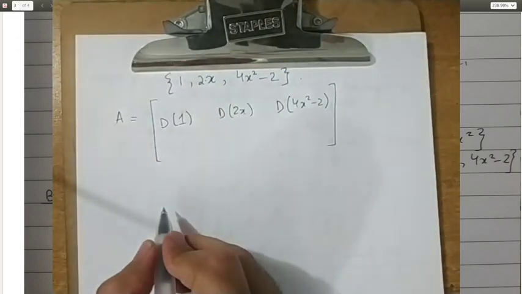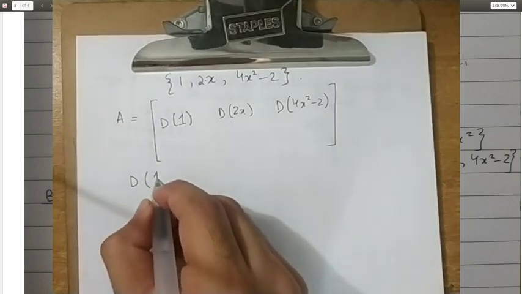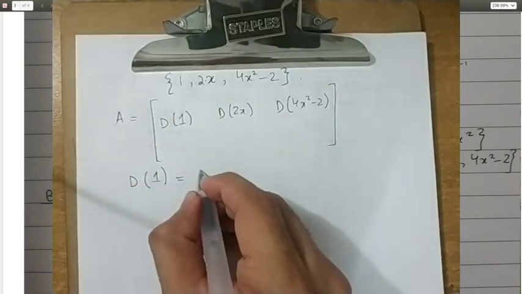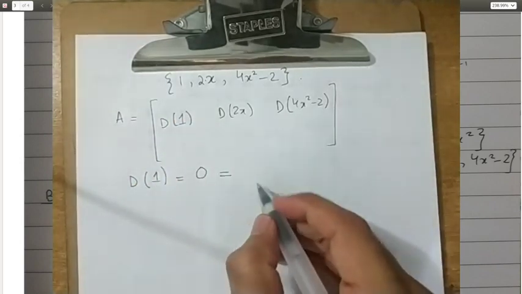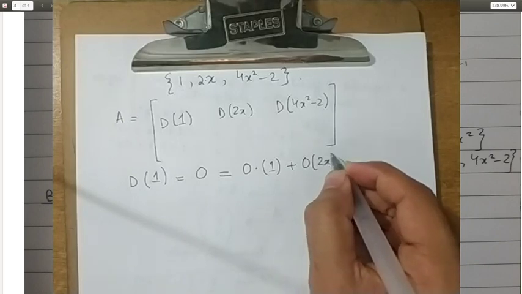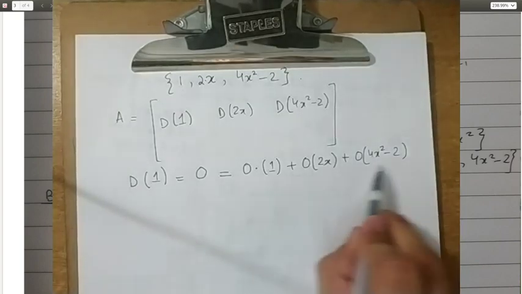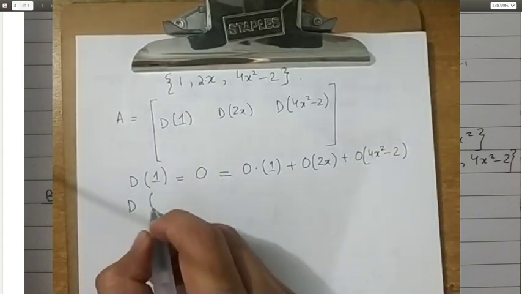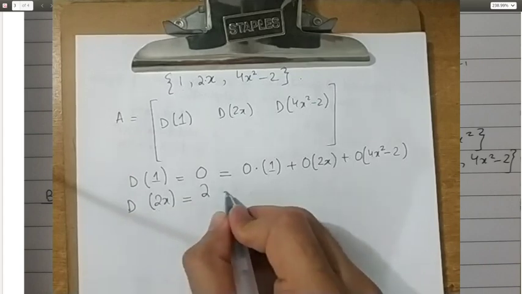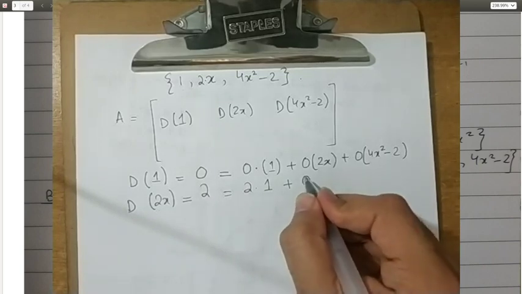If I take the basis vector 1 and differentiate it, the differential is 0, and in terms of the basis vectors, it's simply 0 times 1 plus 0 times 2x plus 0 times 4x squared minus 2. So the result is 0, 0, 0. If I differentiate 2 times x, the result is 2, which I can represent by 2 times 1 plus 0 times 2x.